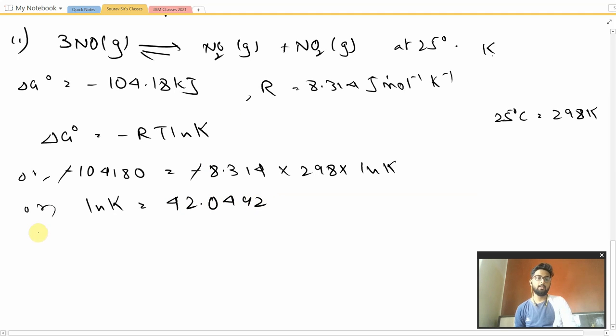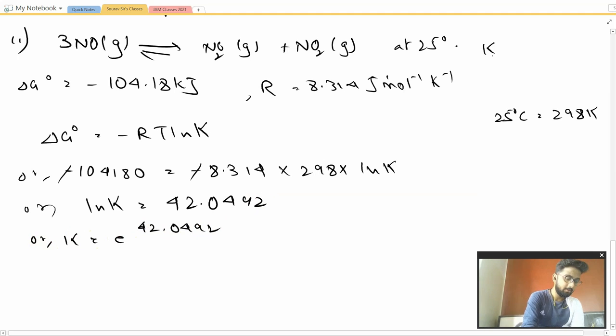This comes out to be 42.0492. So K will be equal to e to the power 42.0492.